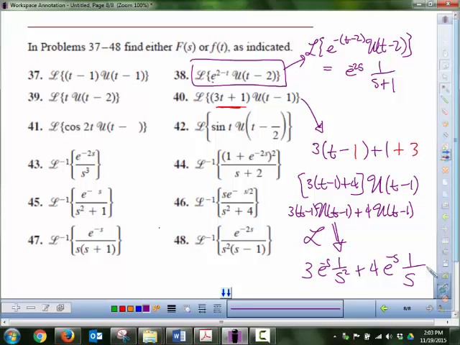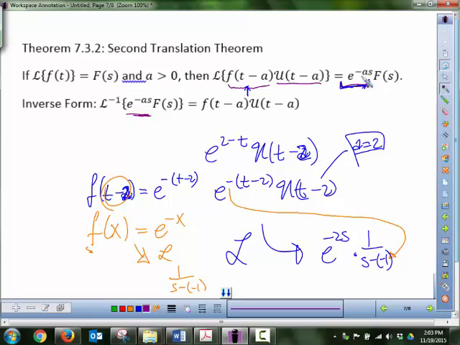Yeah? No, the negative should be there, because the formula says negative as.